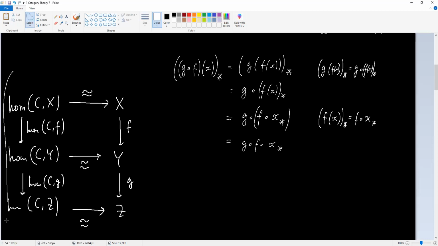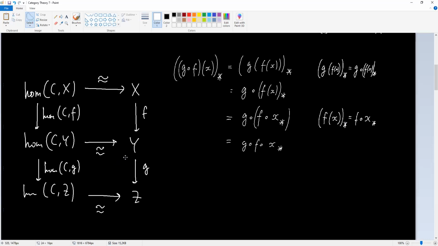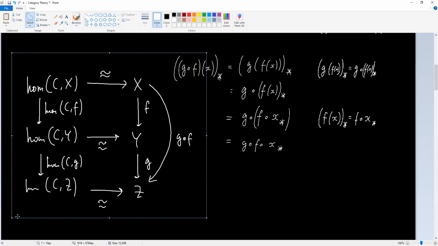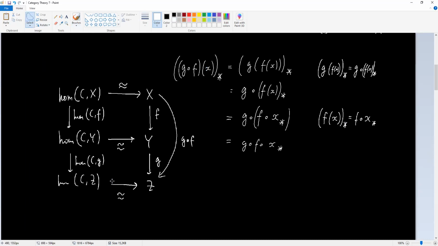So let me reposition this. So we have G composed with F here, and here we could draw, no, it's actually not the commutativity; it's something slightly different.